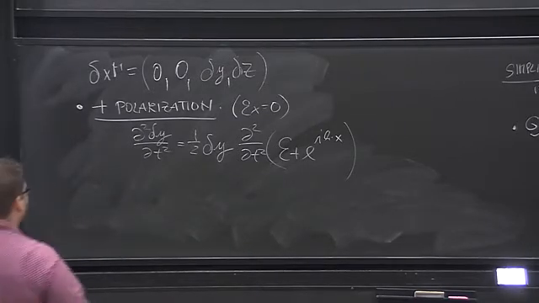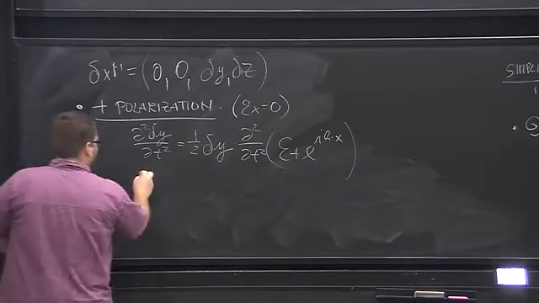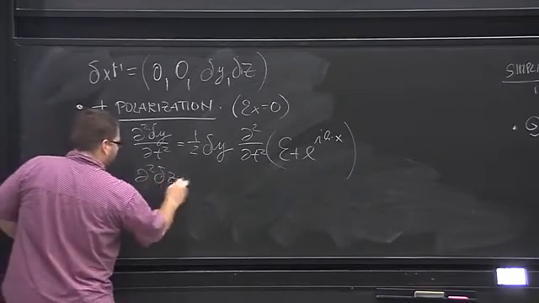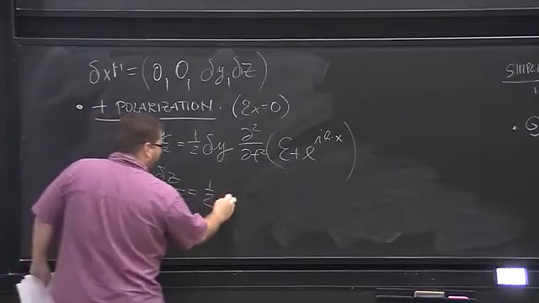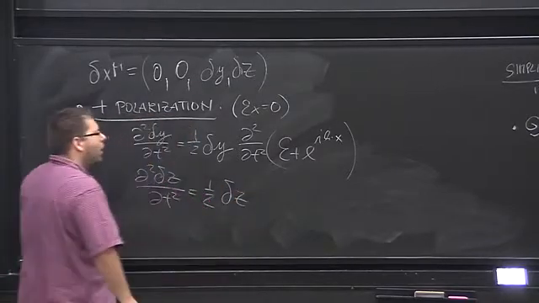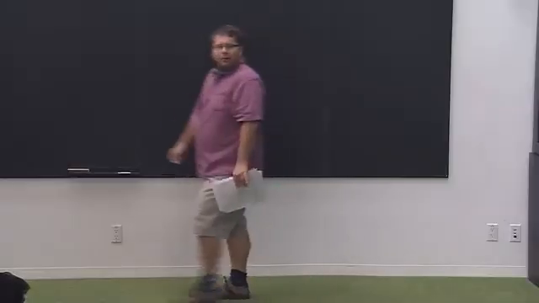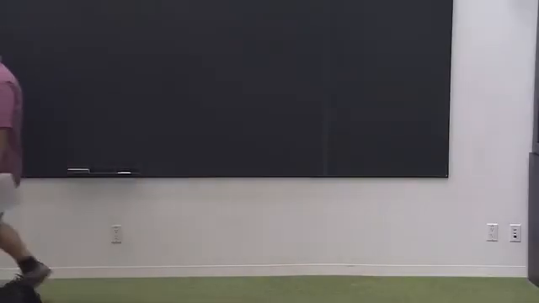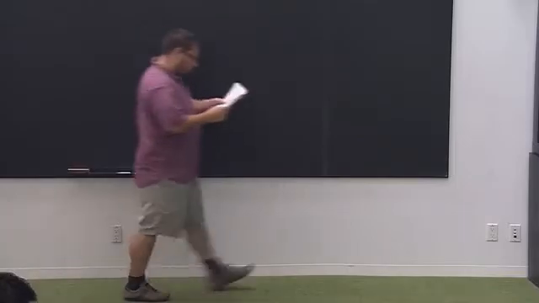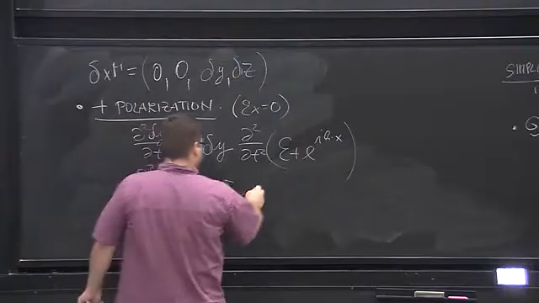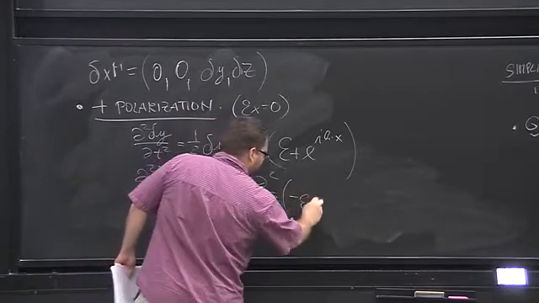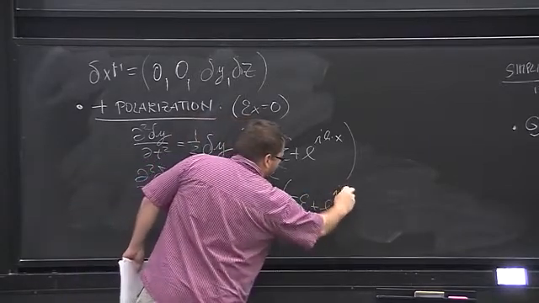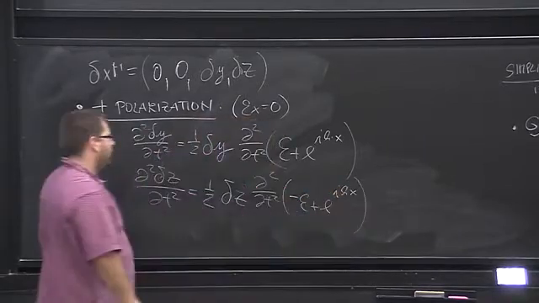All right, and then you can write the same thing for the z direction, d² over dt², and it's δz. But now my wave, h_zz, is minus ε plus. So it's d² over dt², it's minus ε plus e^{ikx}.